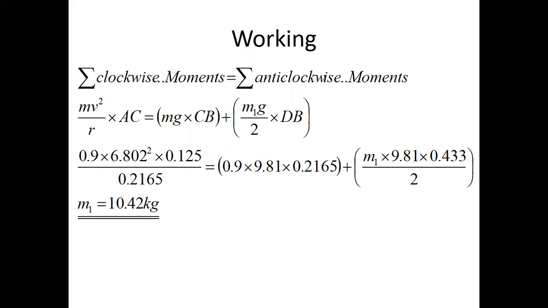That's 0.433 over 2. Then the answer we find is that number there, 10.42 kg. You may notice that the speed slightly goes up because of just the way the numbers have been distributed, and even the kind of speed we may be having there. Otherwise, this is the correct answer following that procedure.